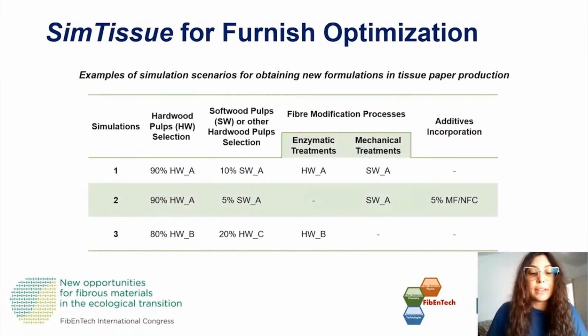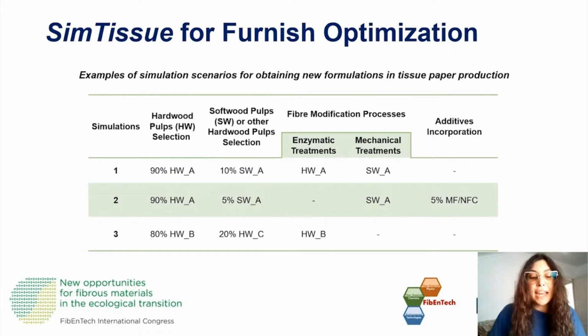This table outlines examples of scenarios that can be selected in the SEAM Tissue. So, for example, the simulations can be performed by selecting a percentage of hardwood pulps of industrial interest, another percentage of softwood pulps or other hardwood pulps.